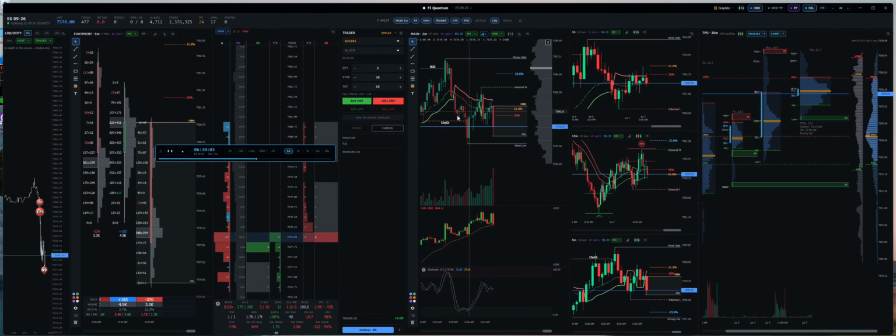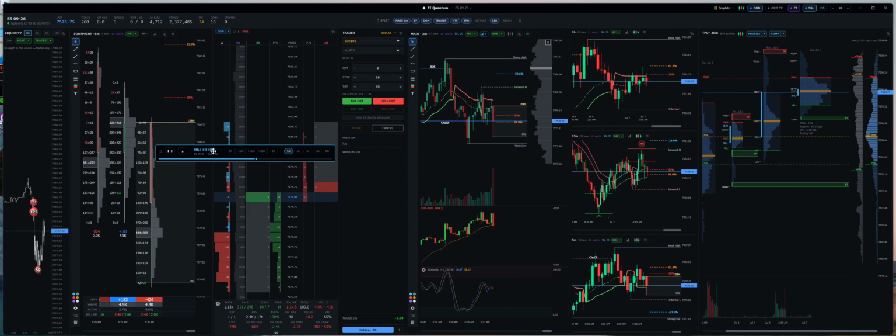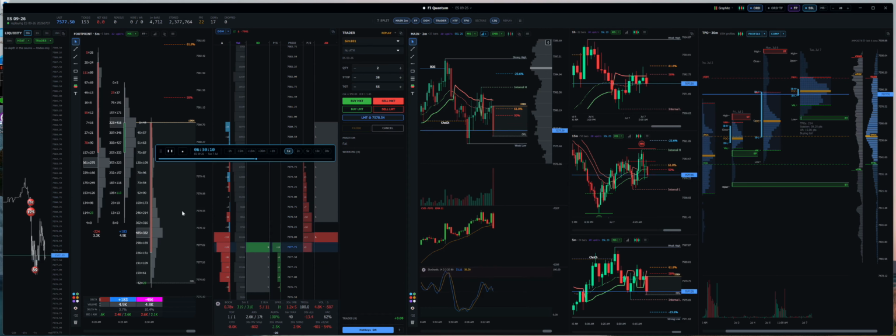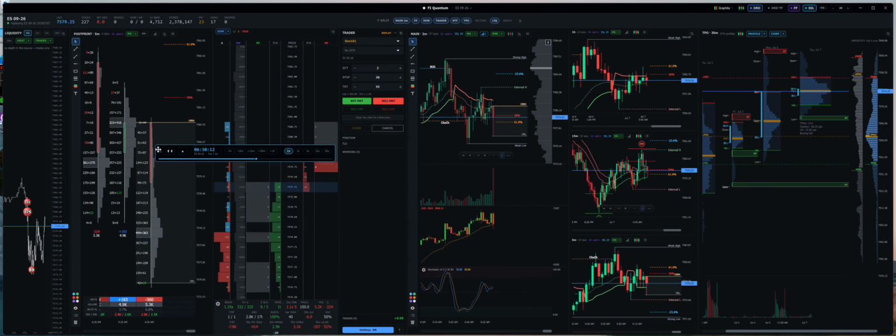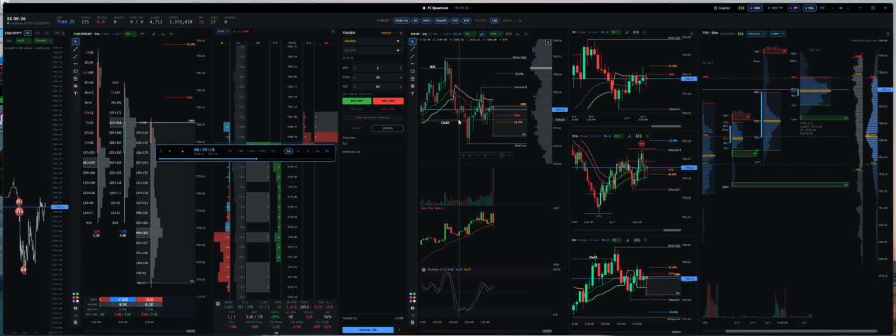So first things first. And yes, this is how the markets open usually. They're very fast and aggressive. Lots of price action. Lots of orders hitting immediately. So first things first.